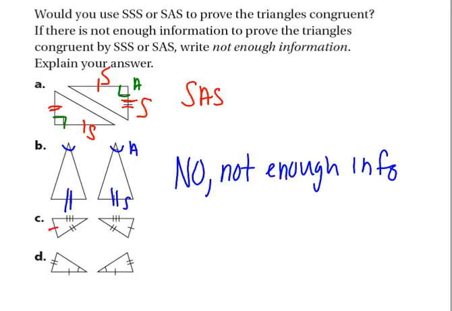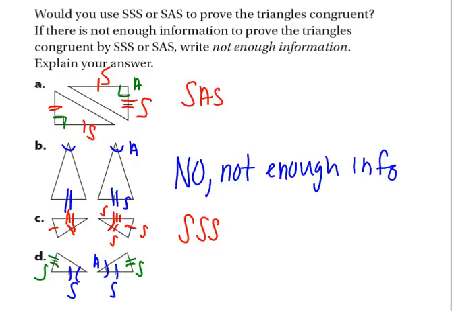Moving on to C, 1 pair of sides congruent, 2 pairs of sides congruent. We now have 3 pairs of congruent sides, so by side, side, side, those triangles are congruent. And then our last one here, 1 pair of sides congruent, pair of angles congruent, and then another pair of sides congruent.